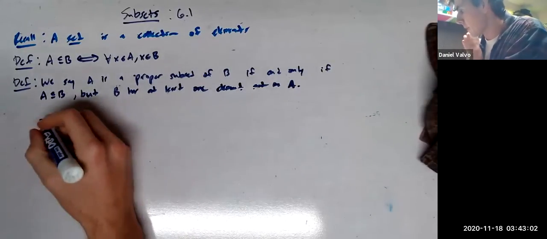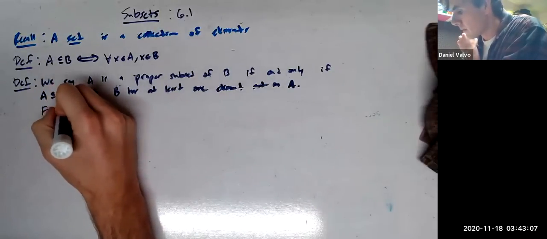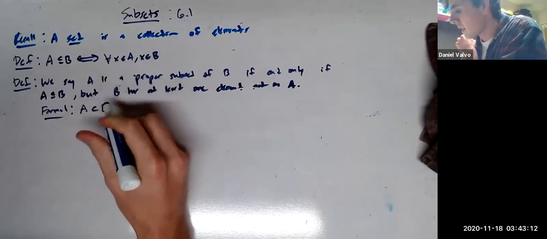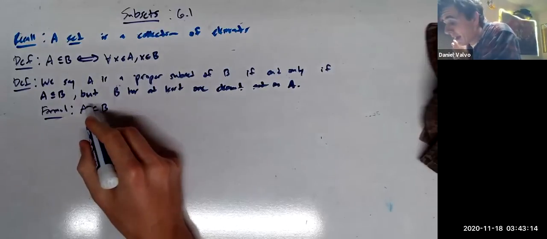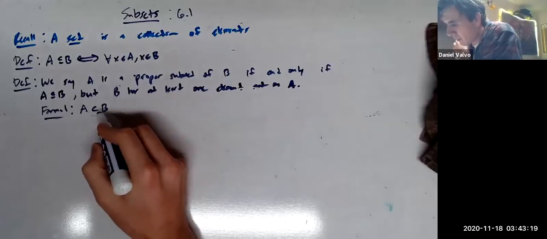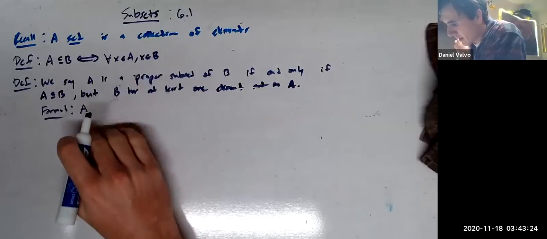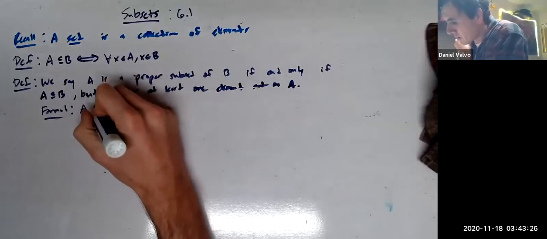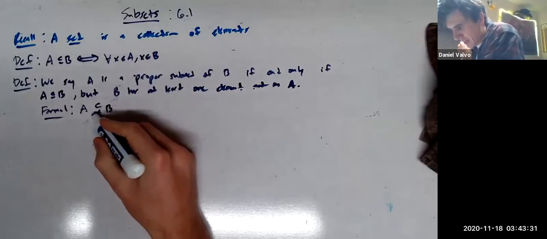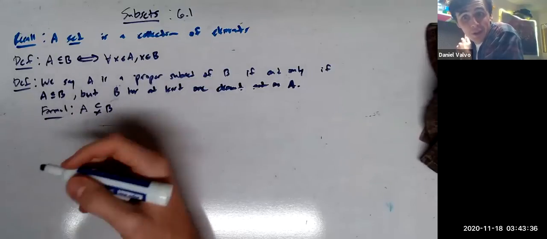I guess the formal way you'd write this is you say A, and we write it with this kind of sideways U. There are multiple different notations, but let's use this one, where people write the normal subset sign but slash through the bottom part. The reason is that the bottom part tells you they could be equal.